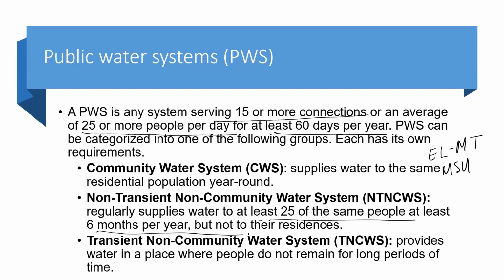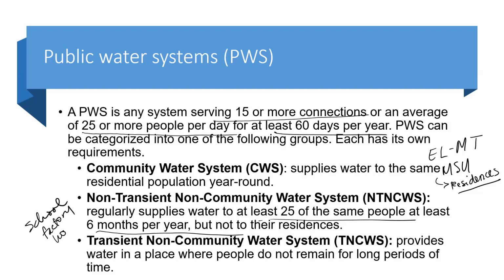So the issue is that MSU is providing water to those of you that are residing on campus. So therefore, it's considered a community water supply. A non-community water supply could be a school, but one that has its own supply, but students aren't living there. Could be a factory.